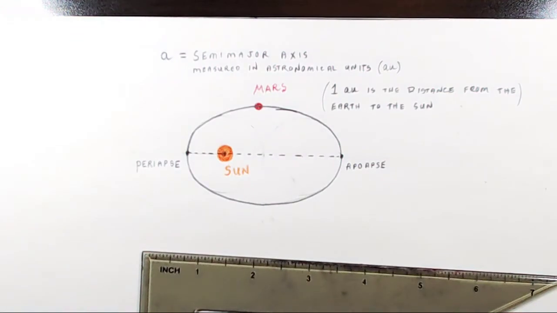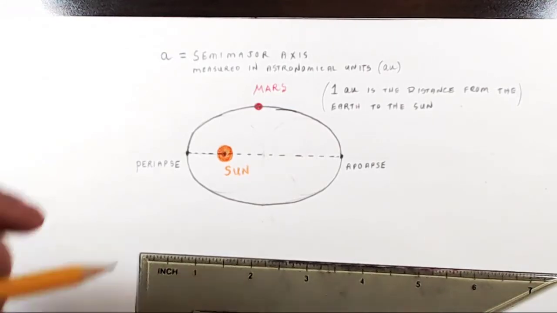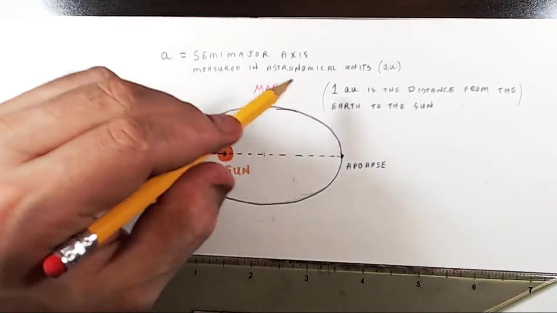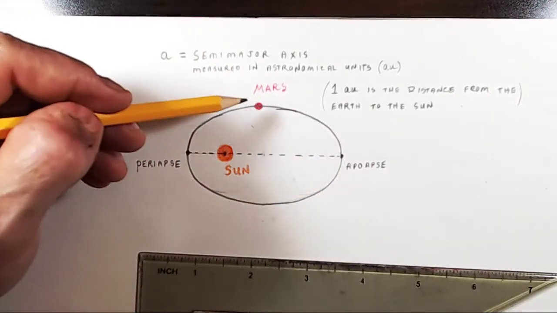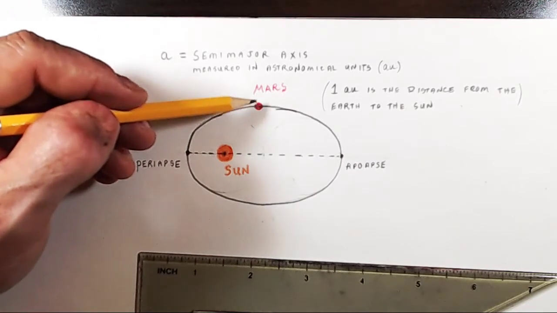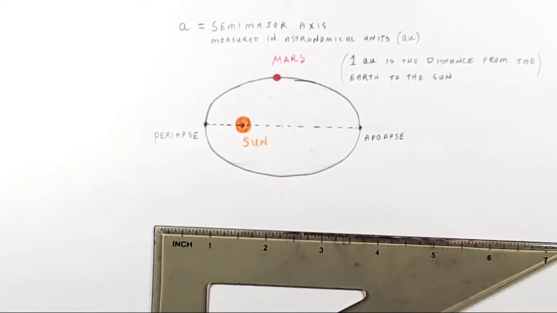All right, I think we're ready to compute some of the periods of orbits for the planets. And like I said, we'll start with Mars. So back to this book for just a moment.